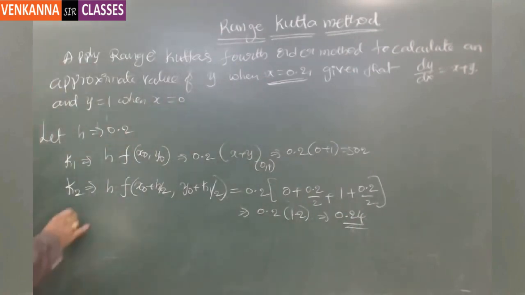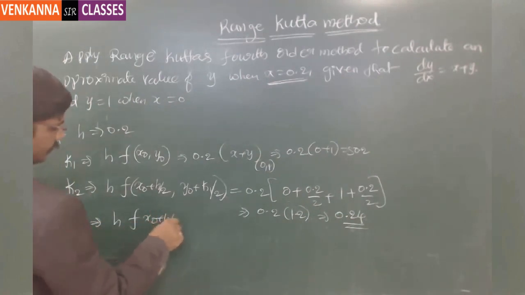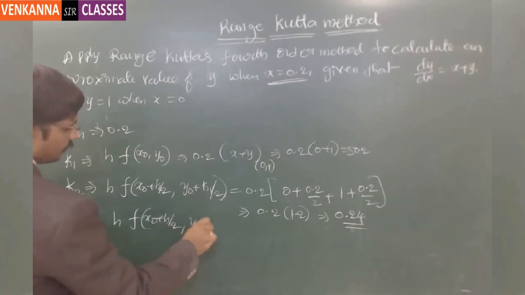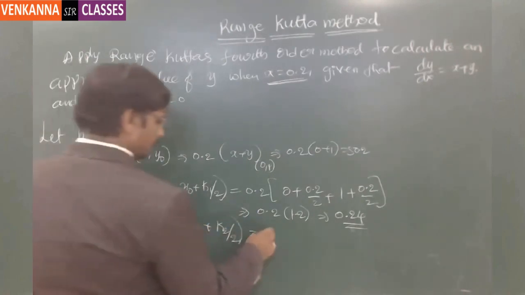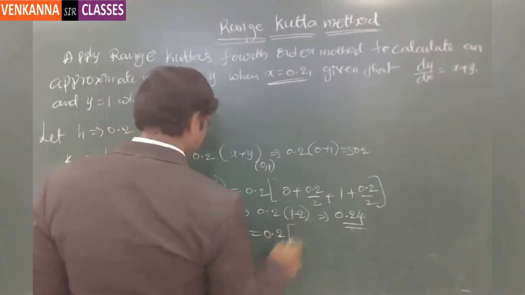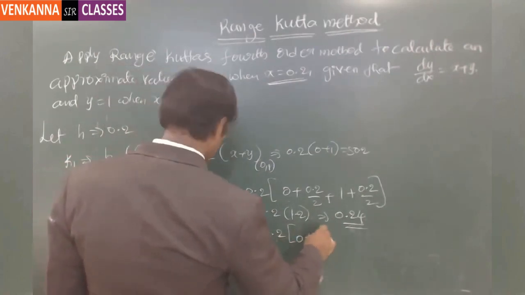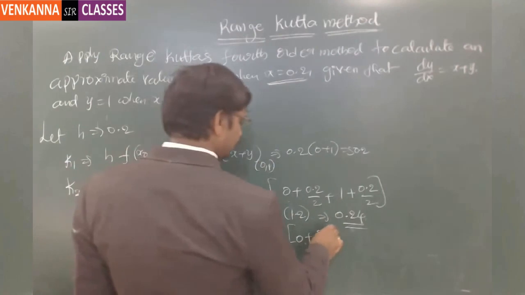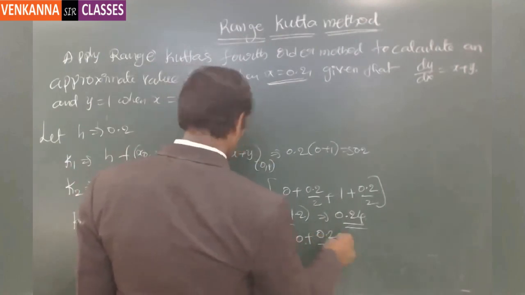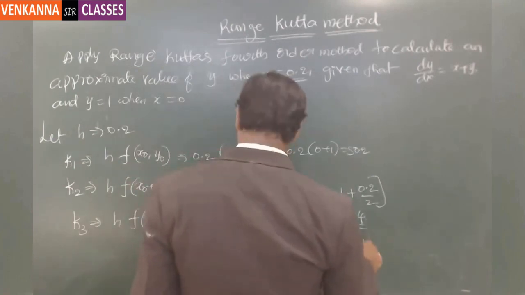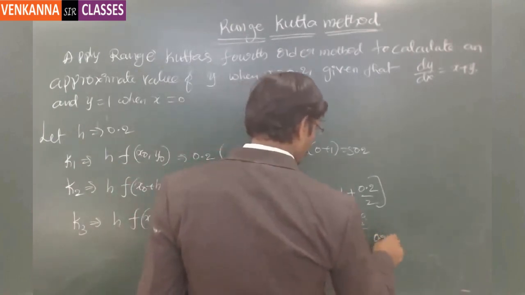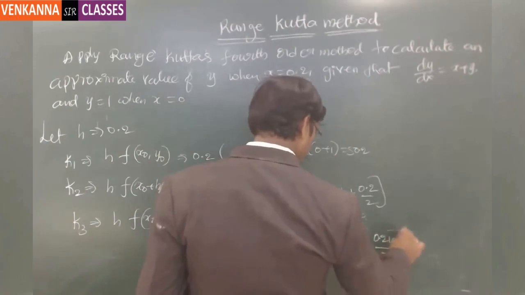Okay. So now k3 is h times f of x naught plus h by 2 comma y naught plus k2 by 2. So h is 0.2 and x naught is 0, and h by 2 is 0.2 by 2, plus y naught plus k2 by 2. So y naught is 1 plus k2 is 0.24 by 2.